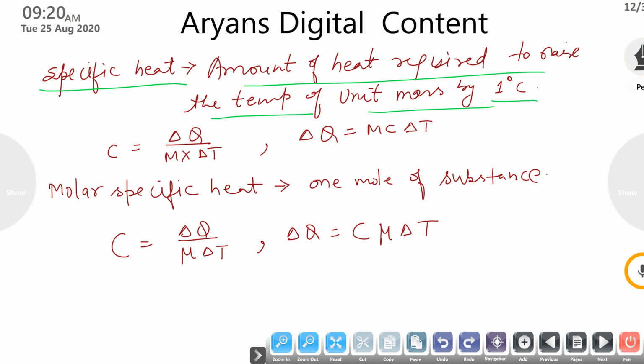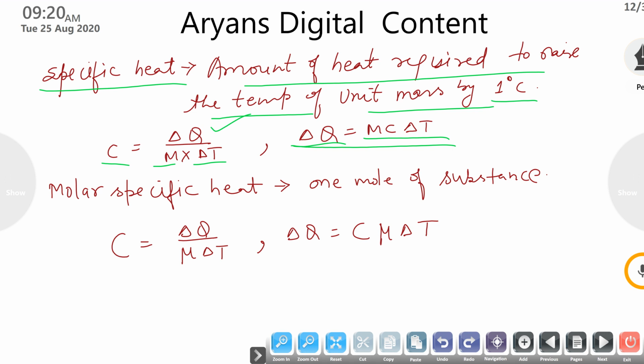It is represented by small c, and it is given by the amount of heat per unit mass and per unit rise in temperature. So, by cross multiplying, delta Q, the amount of heat given, is mass times specific heat times rise in temperature.